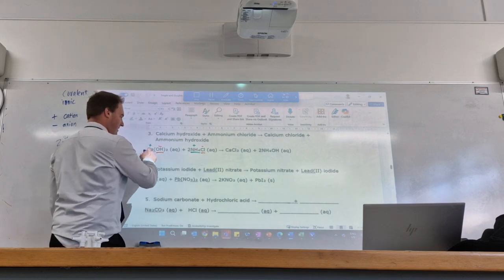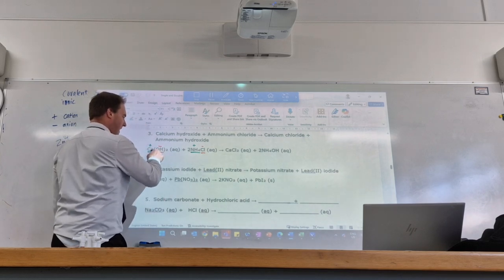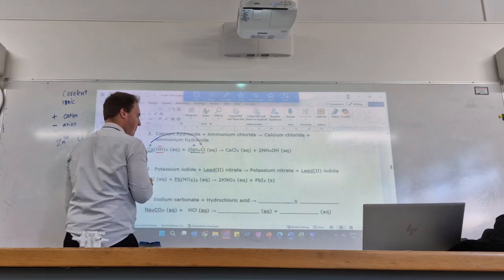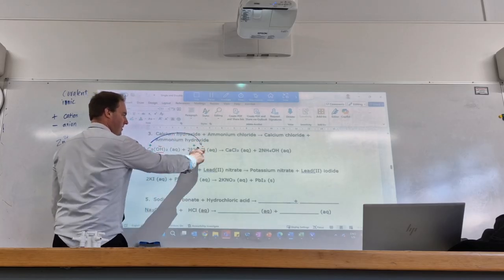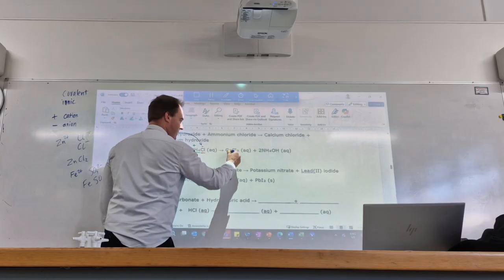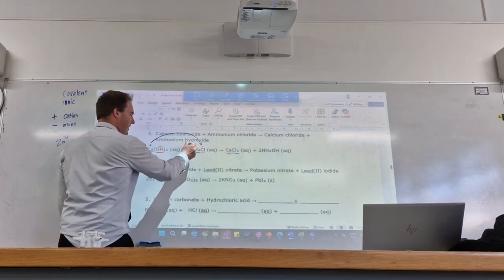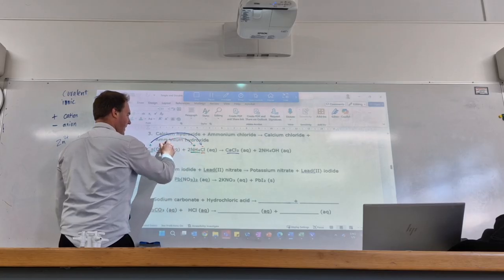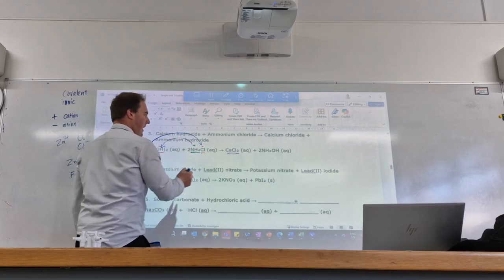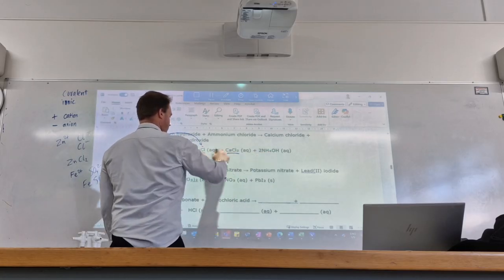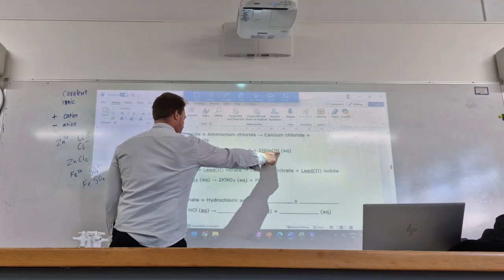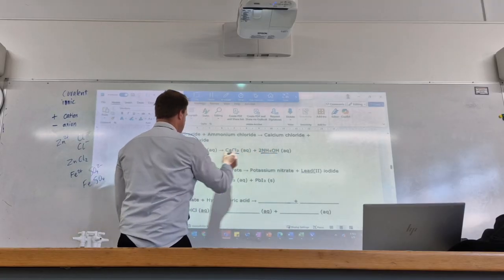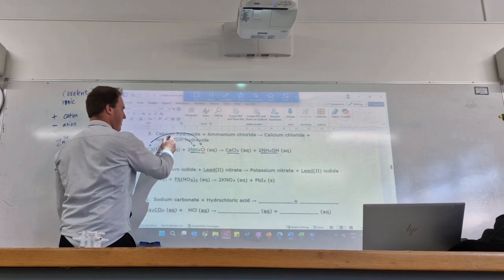So our cation is ditching this hydroxide, and instead it's going to bond with the chloride over here. And we write it as calcium chloride. And this ammonium has been ditched by the chloride, so it's going to jump over and bond with the hydroxide, and we write it as NH4OH. There it is. So there's been a double swap here.